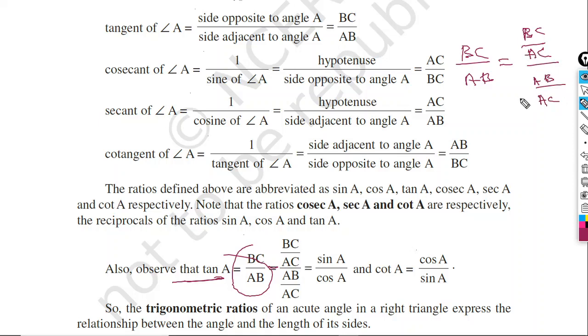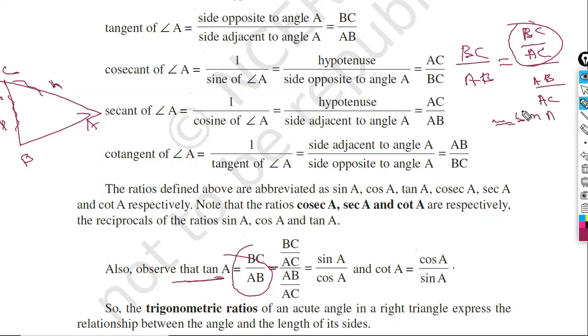Okay, I will draw the figure here for you. A, B, C. Now BC by AC, that means perpendicular by hypotenuse, P by H, which, if you remember, is sin A, divided by AB by AC, which you remember was cos A.